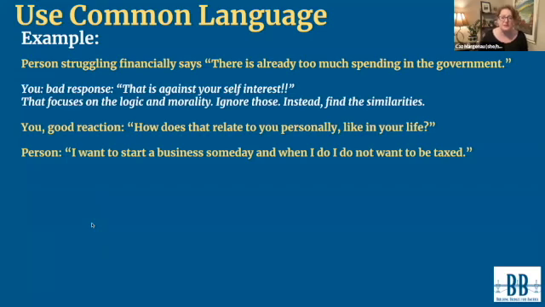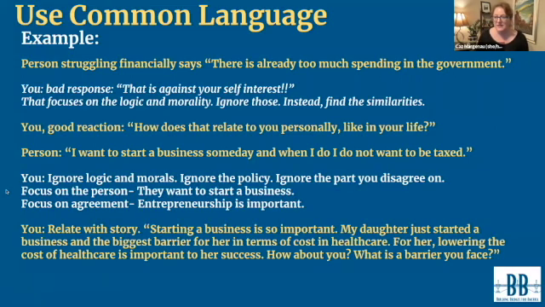Let's say then you're talking to that person and they say, I want to start a business someday. And when I do, I don't want to be taxed. Again, you want to ignore any logic or morality in trying to tell them what tax policy your candidate might be proposing.